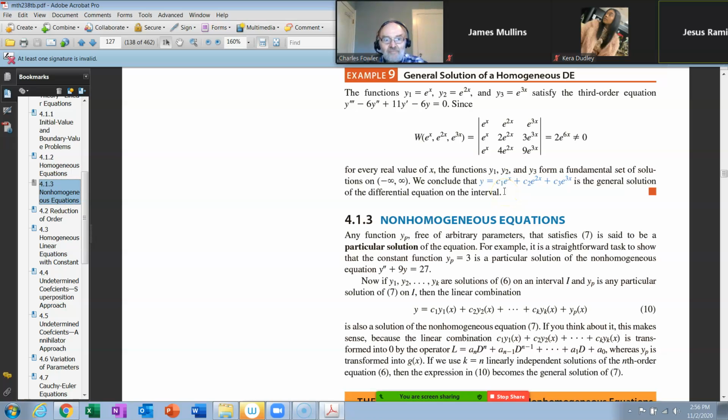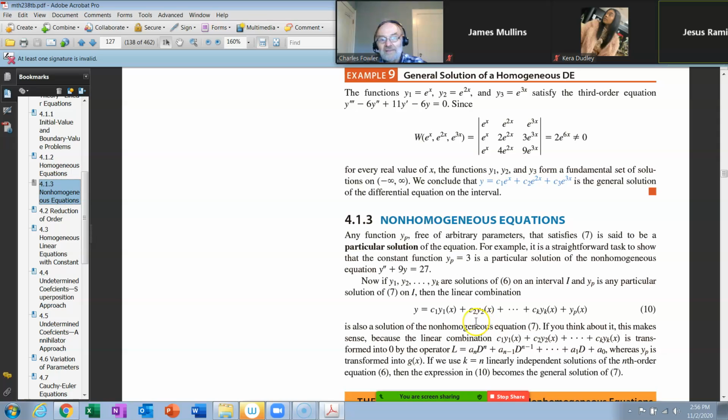set of arbitrary parameters, okay? The C1, Y1 plus C2, Y2 plus C3, Y3, all the way up to C sub K, Y sub K. But then just add that particular solution.